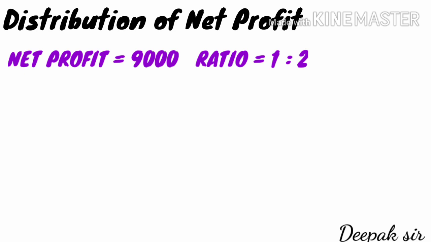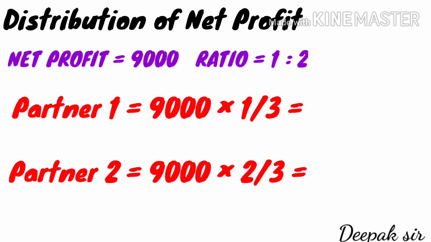1:2. So we will see how the profit is distributed among the partners, partner 1 and partner 2, in the ratio 1:2. So for partner 1, the net profit is 9,000. The first partner share is 1 and we have to divide it by 3.